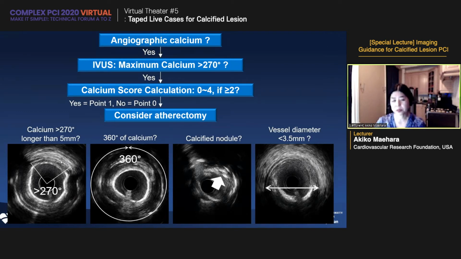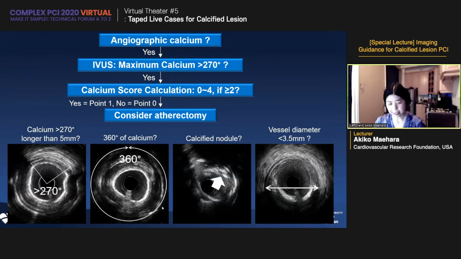If you have some location which doesn't have the calcium circumference, those are good places to make a good dissection. And calcium nodule is important. This is a marker of a big chunk of calcium behind, and also makes bad symmetry after the stent, and also affects long-term outcome. It's a unique effect. This is important.